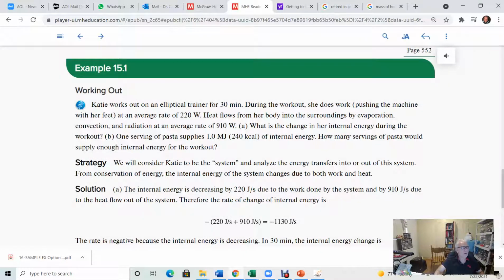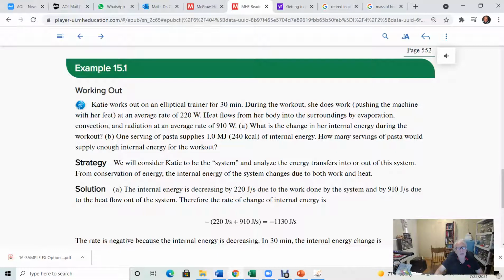Heat is being transferred by convection and radiation. Okay, you don't have to know how much is by evaporation, how much by convection, or how much by radiation. Those are ways of transferring heat that we saw, right? And the average rate is 910 watts, 910 joules per second.